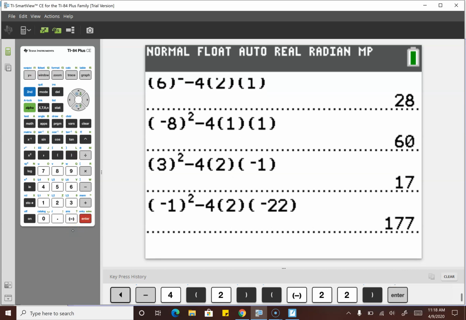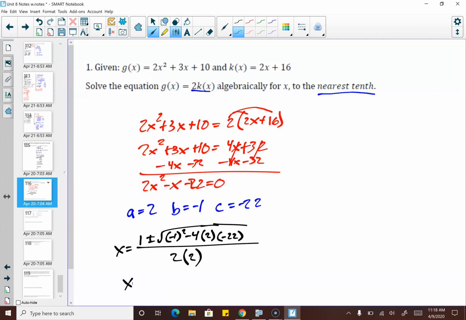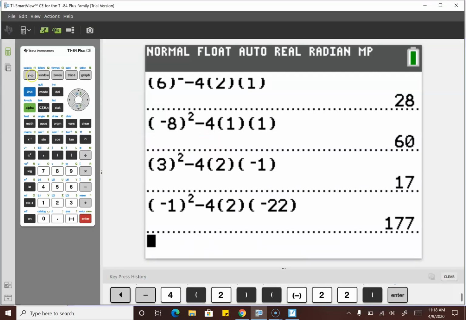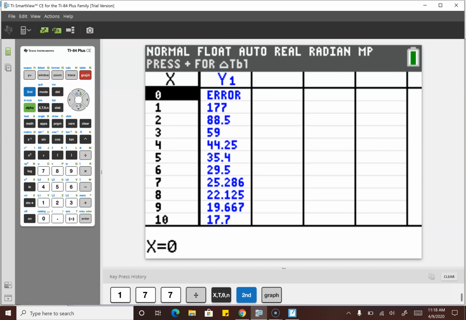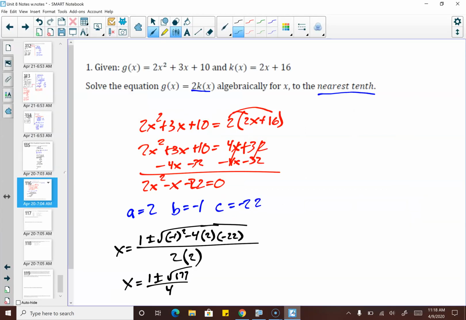That gives me 177. So x equals 1 plus or minus square root 177 over 4. 177 is not perfect. I do not know if 177 splits. So we'll go to our calculator, and if we look here, 3 and 59 doesn't help us. Everything else down the list appears to be decimals. So it doesn't appear that it splits.